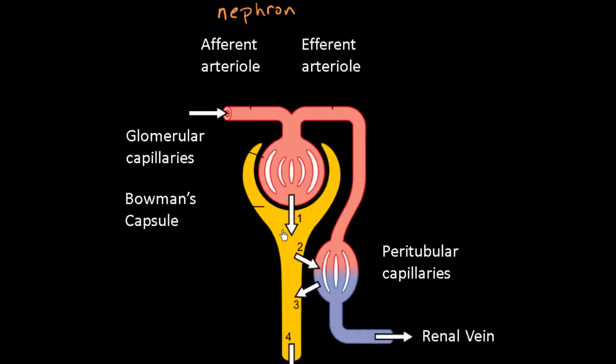Also, drug that is filtered has an opportunity to be reabsorbed here. And so the drug that is reabsorbed, or the drug that is not secreted, can then leave via the renal vein. So let's spend a moment here and talk about each one of these steps and relate it to pharmacology.